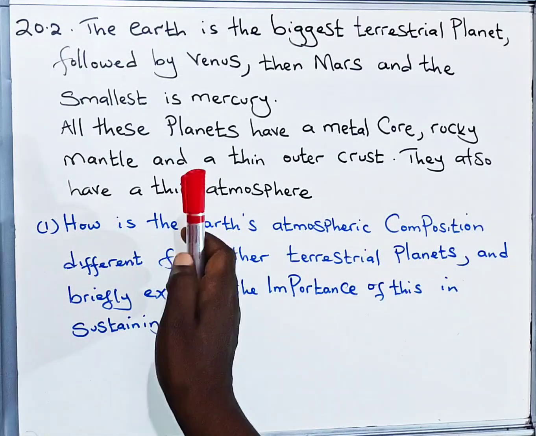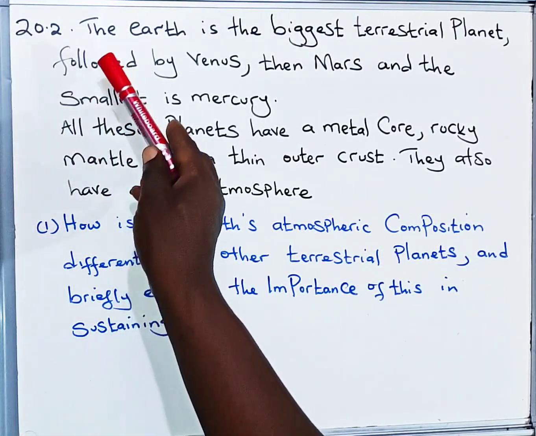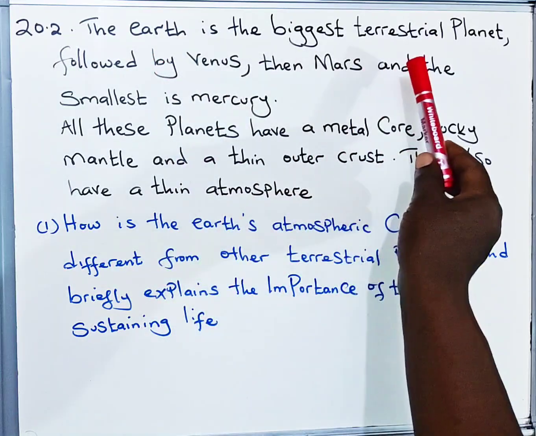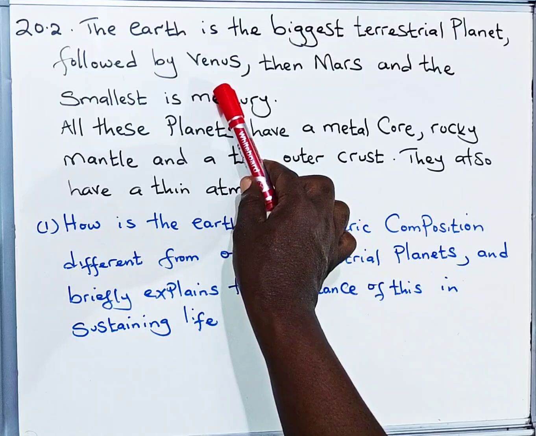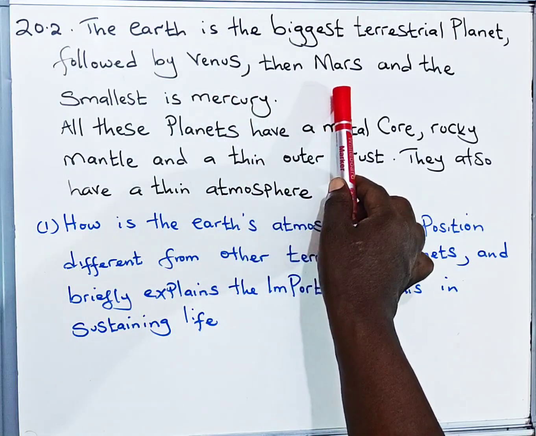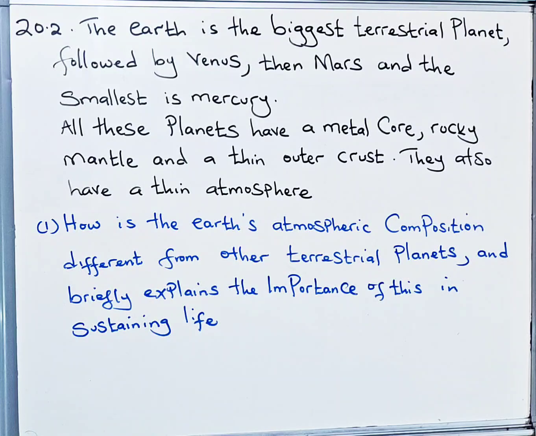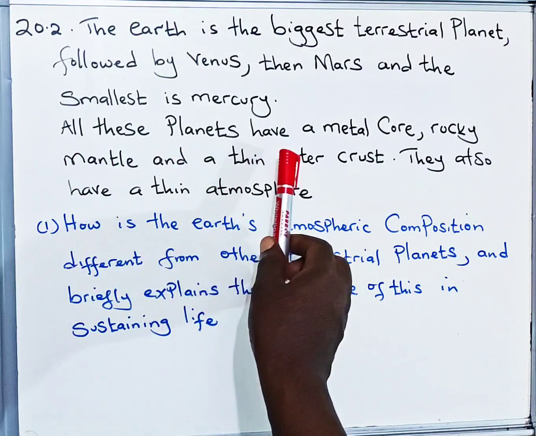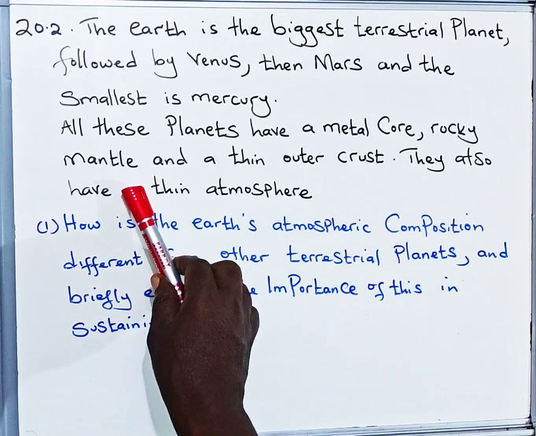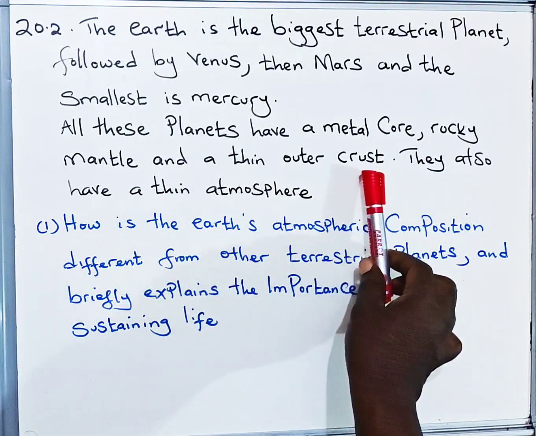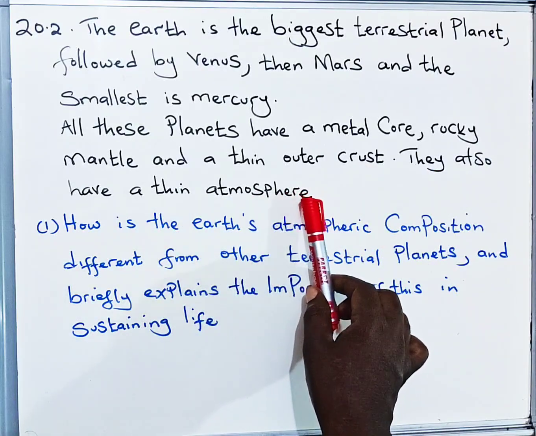Then we come to this question. The statement says that the Earth is the biggest terrestrial planet, followed by Venus, Mars, and the smallest is Mercury. And it continues to say that all these planets have a metal core, rocky mantle, and a thin outer crust. They also have a thin atmosphere.